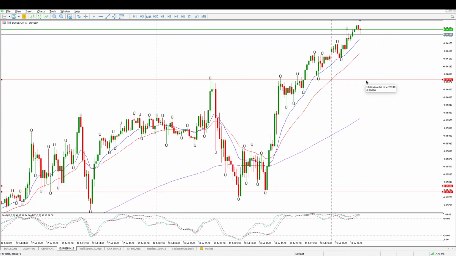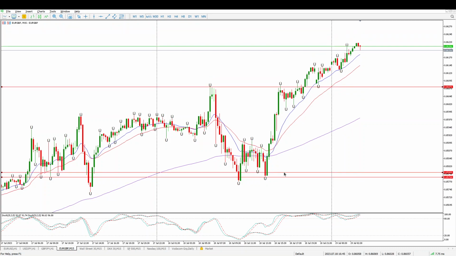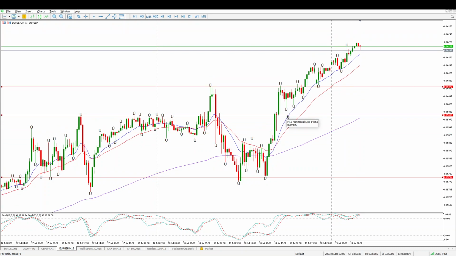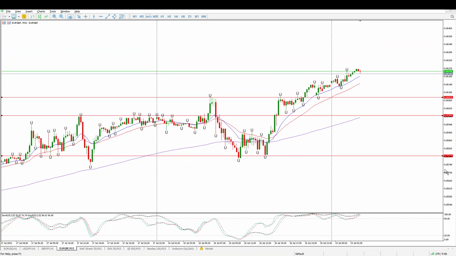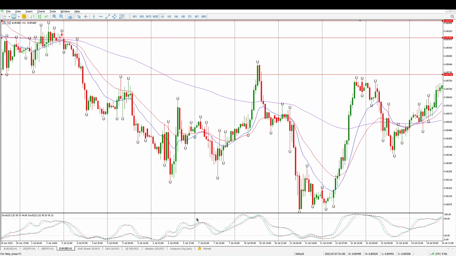More of the same today, I think, but just get down to the 15-minute. This is the first level, and if that does give way, which is possible, then you'd be looking to come down to here at 085985, and you're looking for a move to the upside.